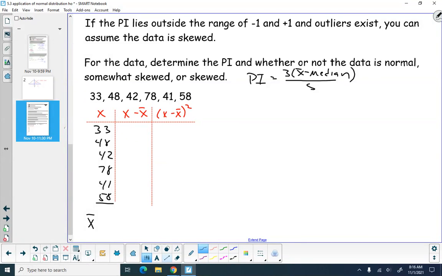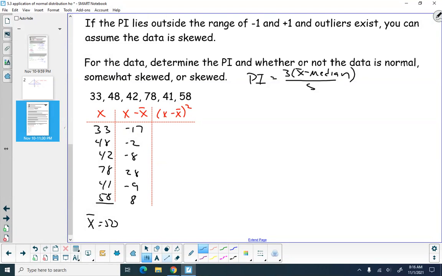Get the mean to be 50. So we have x minus x bar, and then x minus x bar squared. We have negative 17, negative 2, negative 8, 28, negative 9, and 8.